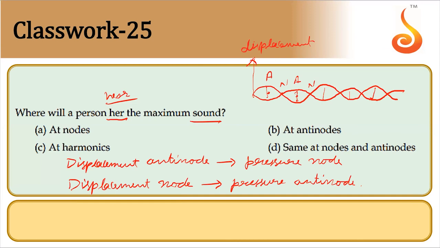So where there is pressure antinode, there pressure will be maximum, right? So there you hear maximum. So sound heard will be maximum at pressure antinode, and pressure antinode is what? Displacement node. So the answer should be A.